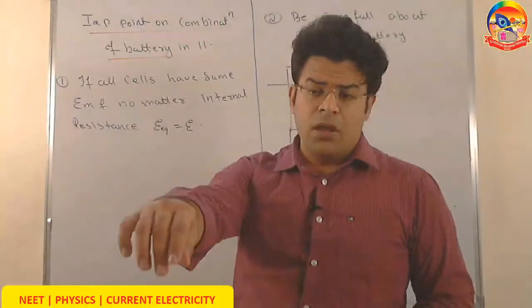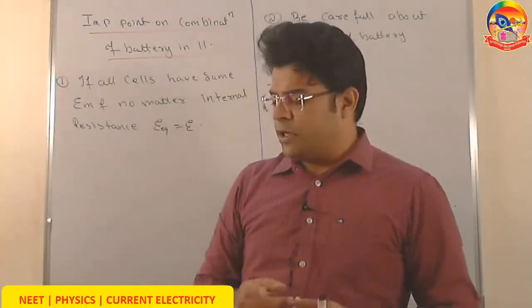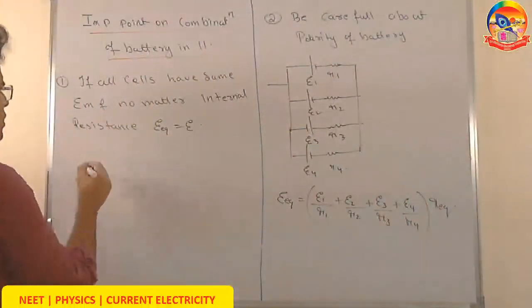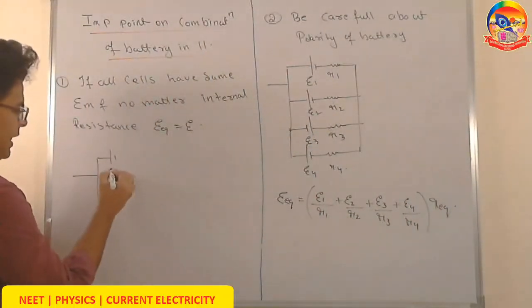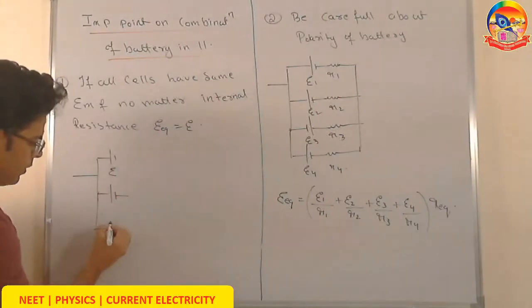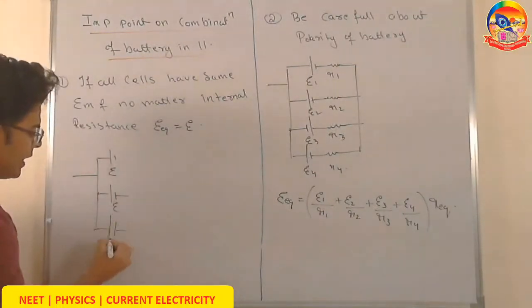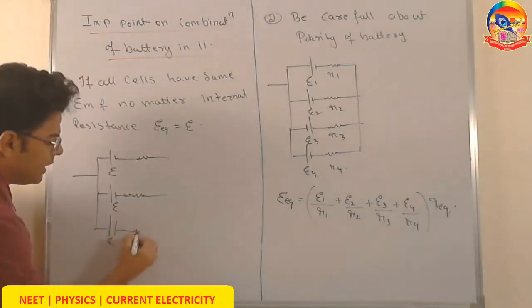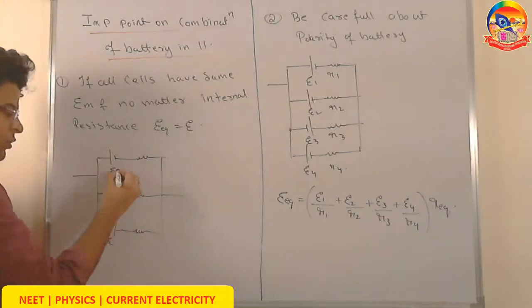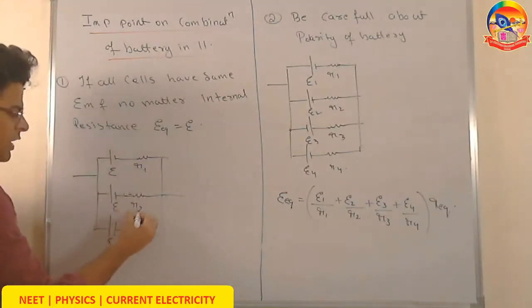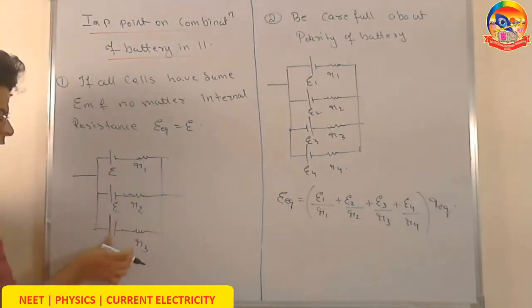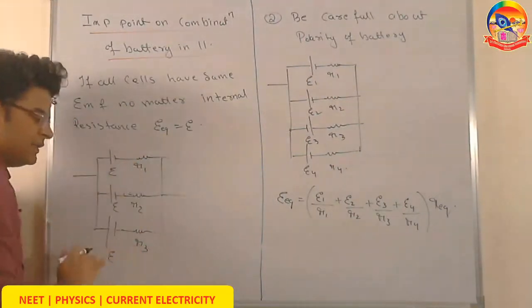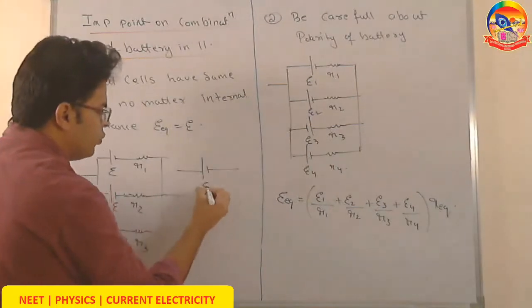So now here, two more important properties about parallel combination of cells that we should know. The first one, if all cells have got the same EMF, let's say E, and are connected in the same polarity sense, then no matter what is the internal resistance of the three cells, so all have got E, internal resistances R1, R2, R3, and all of them are connected in the same polarity sense, then no matter what is the internal resistance, the equivalent EMF also comes out to be E. How to prove?